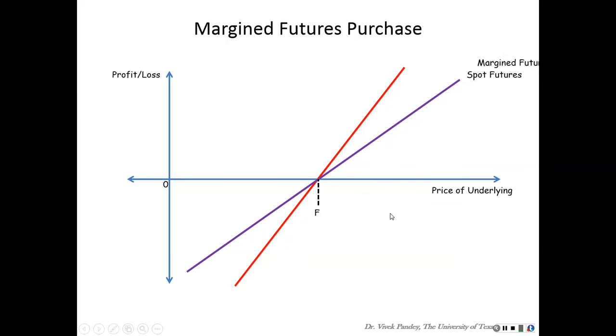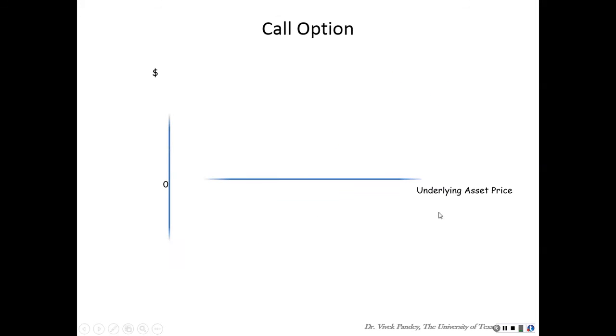And therefore, whenever we engage in futures market, we actually take on margin purchases or sales. And what that means is that futures contracts are a lot riskier than the spot market contracts.